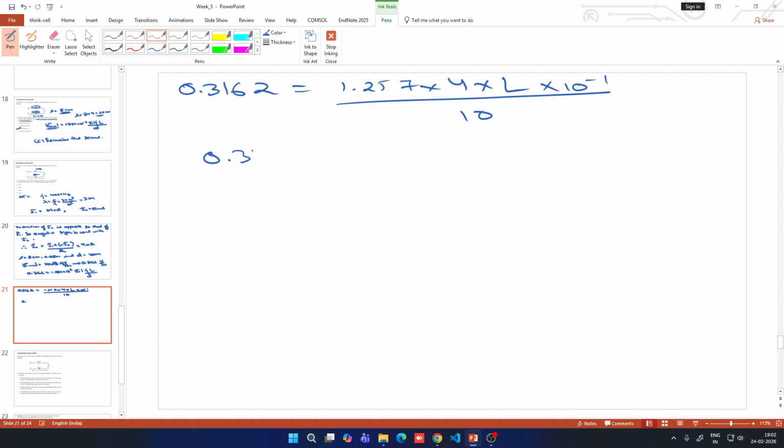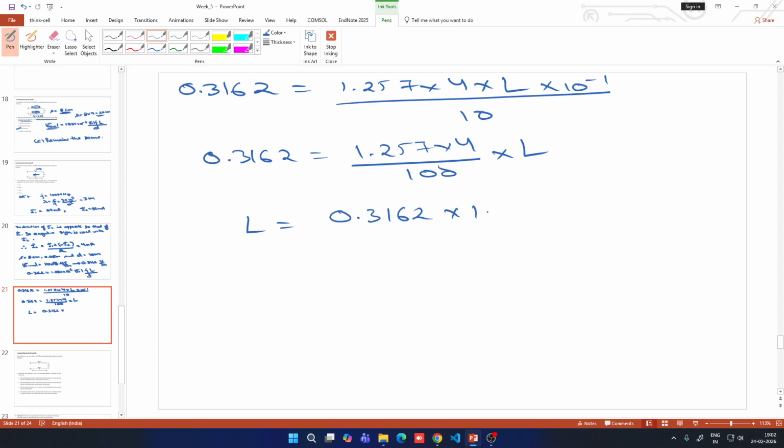So I can rewrite this as 1.257 into 4 by 100. I can take this 10 to the power minus 1 in the denominator, right, and multiplied with L. So L is given by 0.3162 into 100 divided by 5.028, and when we solve this we will get 6.288 meters.